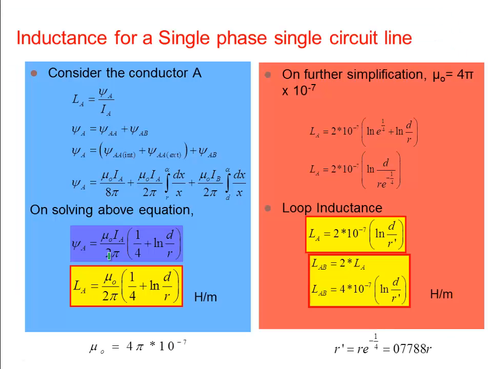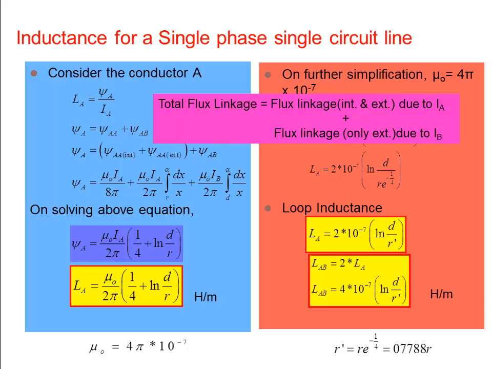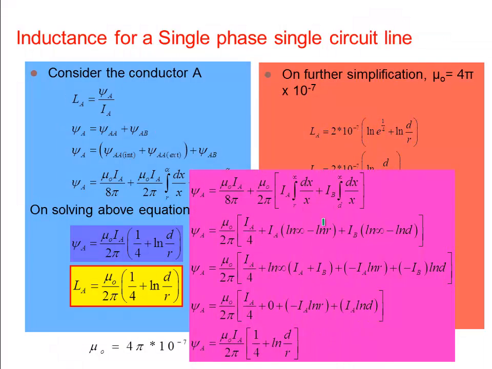So if we substitute IA in place of IB, we will get the complete equation in terms of IA. The total net flux linkage psi A equals mu naught IA by 2 pi into 1 by 4 plus ln D by R.